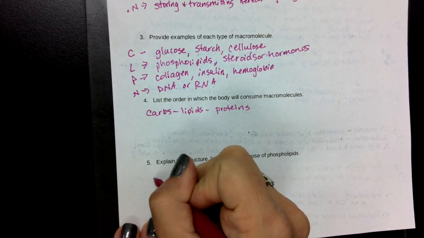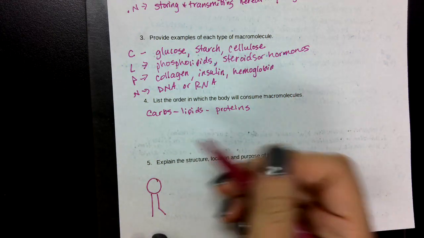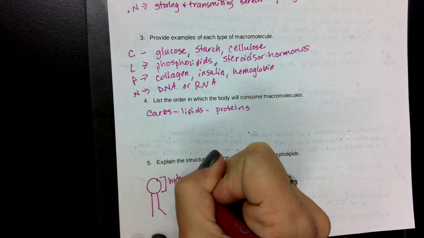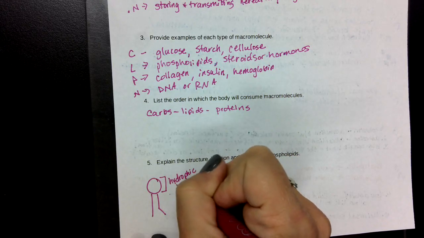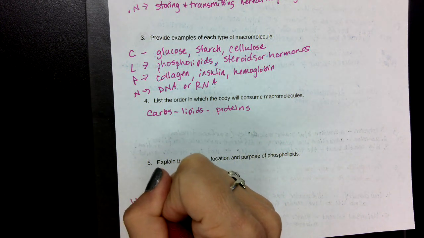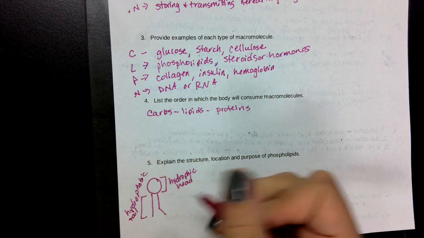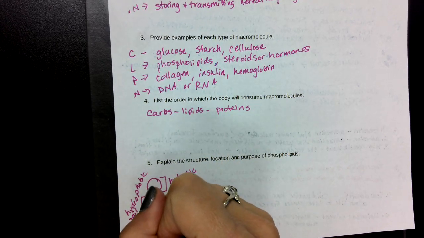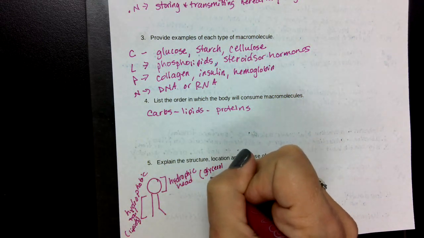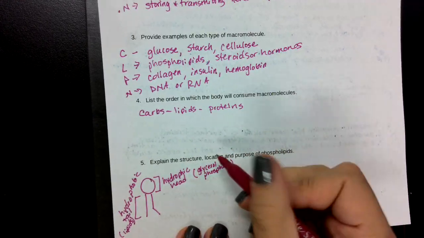All right, so the structure. So for explain, you could draw a picture, and you could have a hydrophilic head, hydrophobic tail, and this is made up of lipids, and this is made up of glycerol and phosphate. So that's structure. Location.